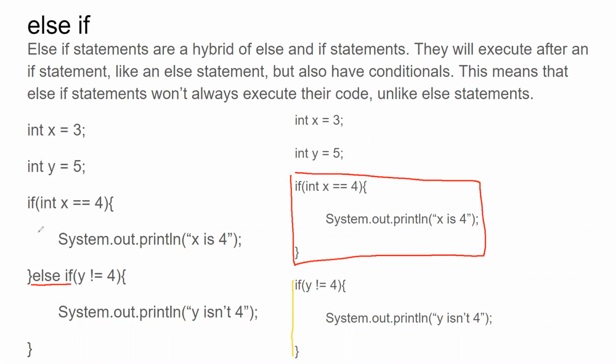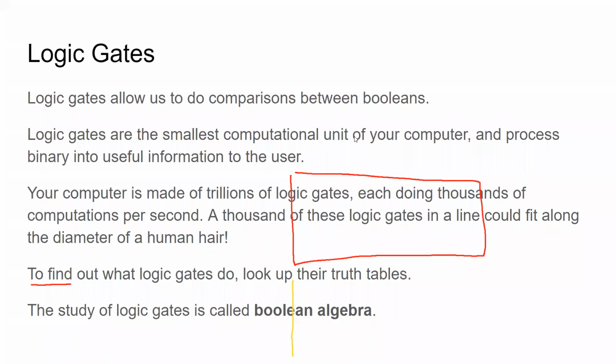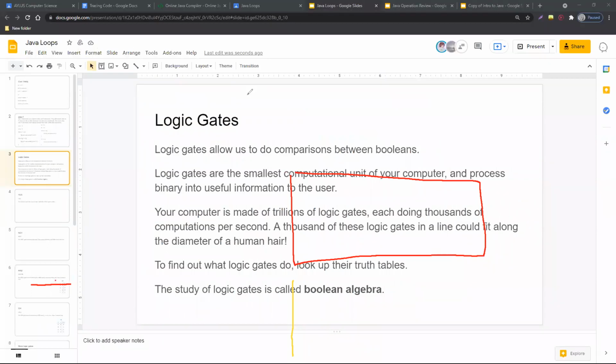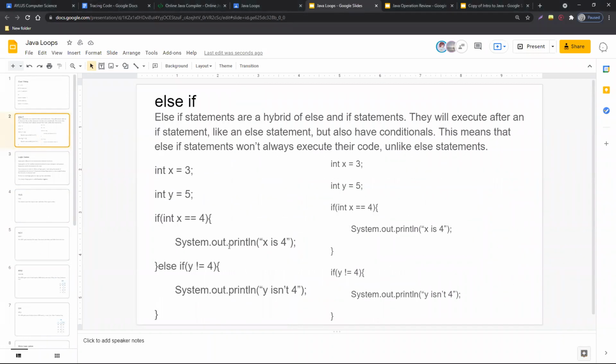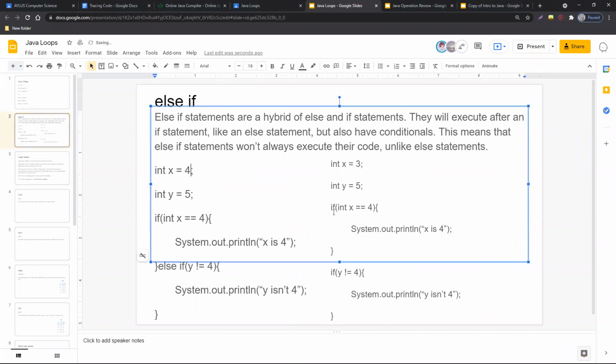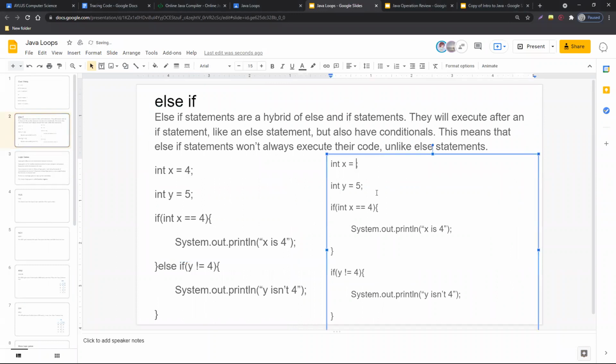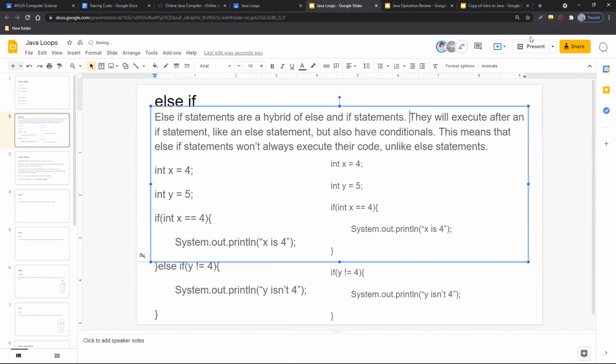So the main difference, okay, let's say x was equal to 4 in both cases. Well, the output would be completely different.